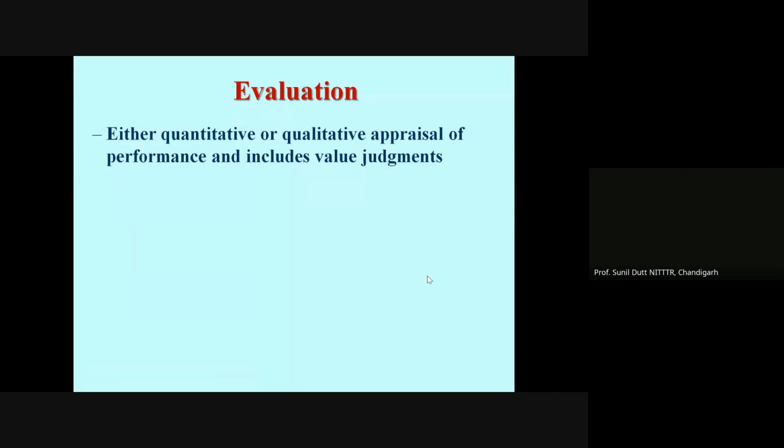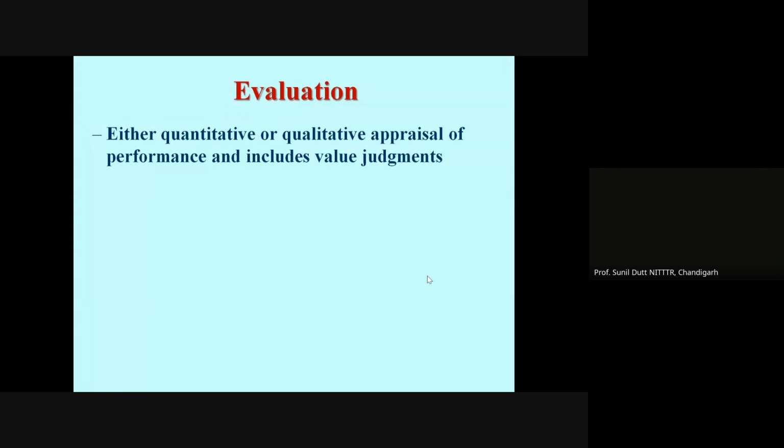Assessment is basically or primarily formative in nature. It is continuous throughout a lecture and provides ongoing feedback. Evaluation is primarily summative, end of term and semester, providing an overall judgment. Assessment is individual focused.